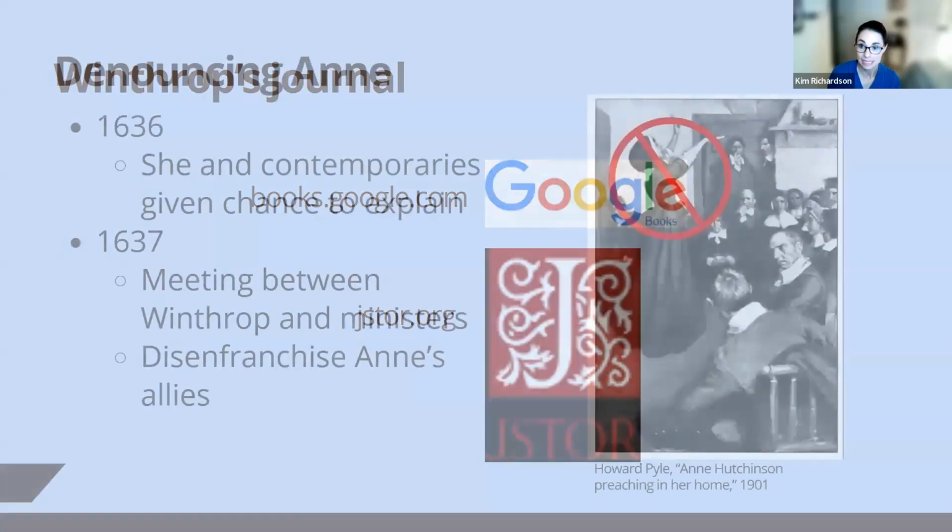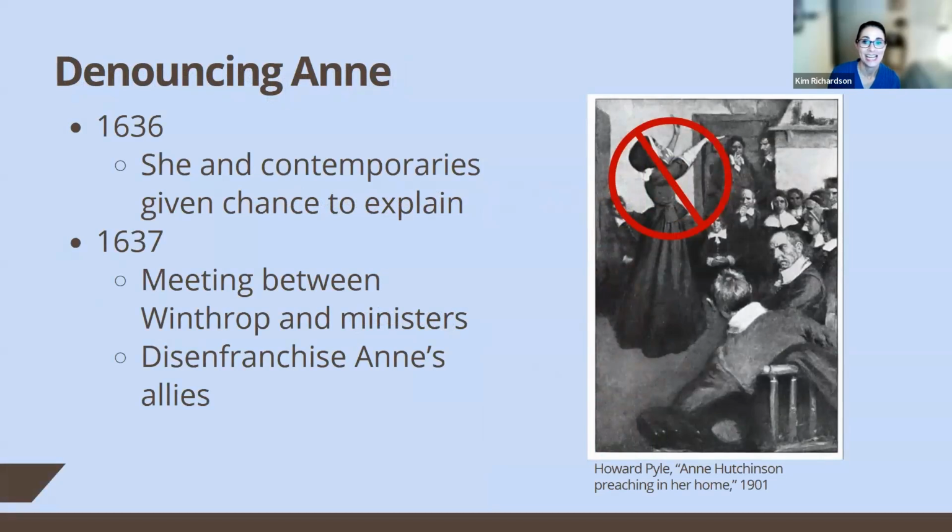But getting back to Anne, she has become so dangerous to them. They don't want her to become any more influential than she already has. And so in 1636, she's called in, and she and John Cotton and her contemporaries are given a chance to sort of explain themselves.